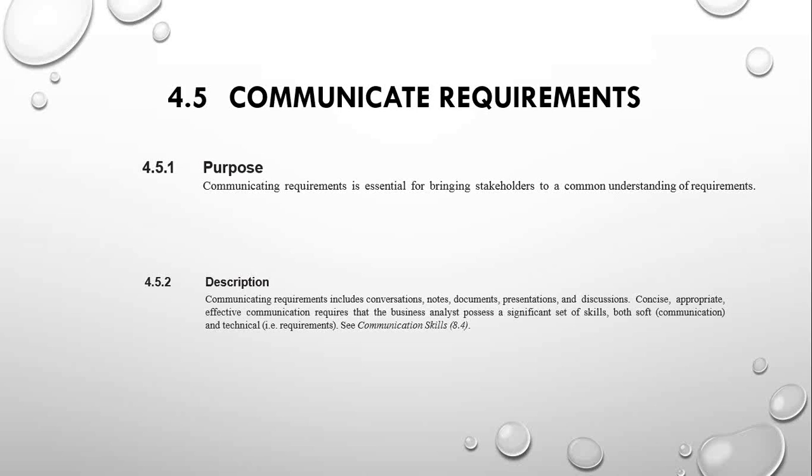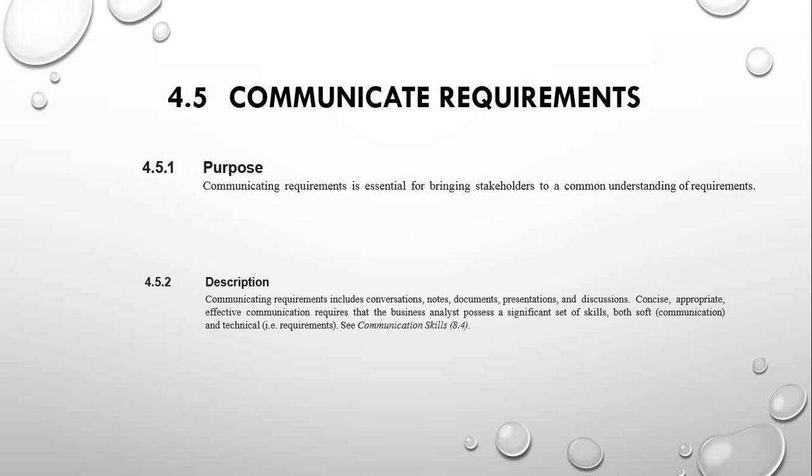There are no variations in which every person thinks in a different way. And when it comes to communicating timelines, deadlines, and deliverables, it becomes very manageable if you have planned communication with the stakeholders. So that is the overall purpose of it.